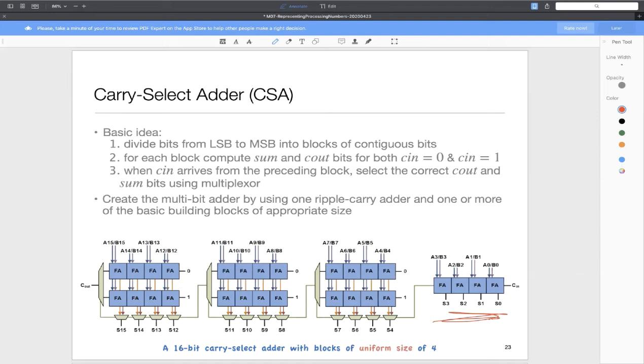So what will happen in this case is that instead of the delay being proportional to 16 full adder delays, it would be proportional to 4 plus 3 mux delays, right? So more like 7 gate delays, as opposed to 16. So better than half. I can reduce the delay from input to output, intuitively almost like probably somewhat more than a 50% gain. You can be more precise about what it is, but the point is that I gained a lot.